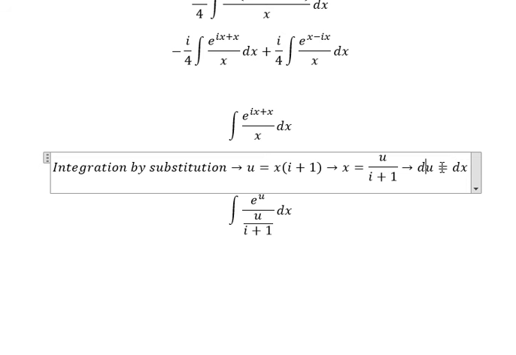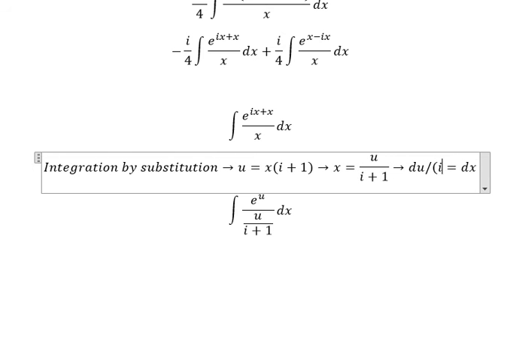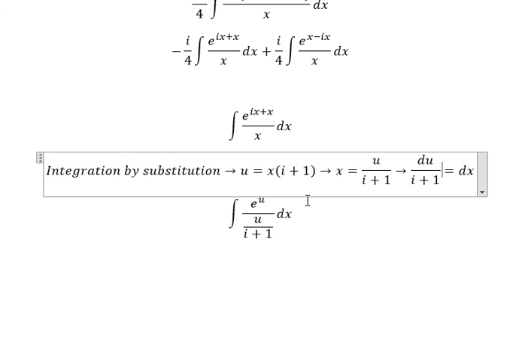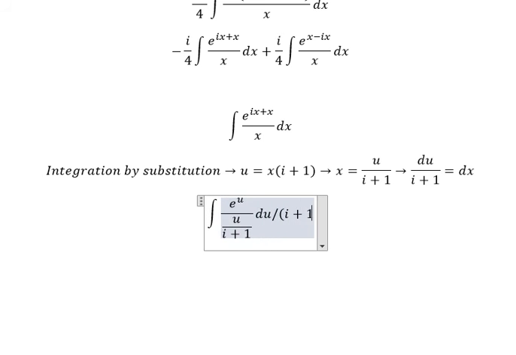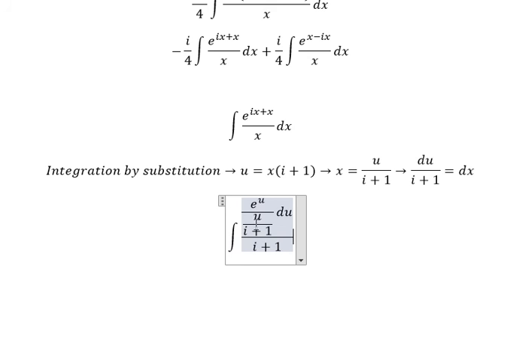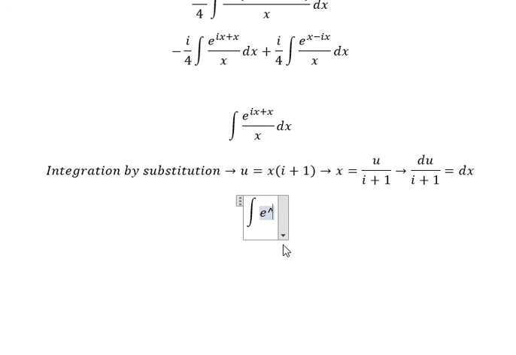So you get u over (i plus 1), and this one with this one, they will cancel, and now we just have e to the power of u over u du.